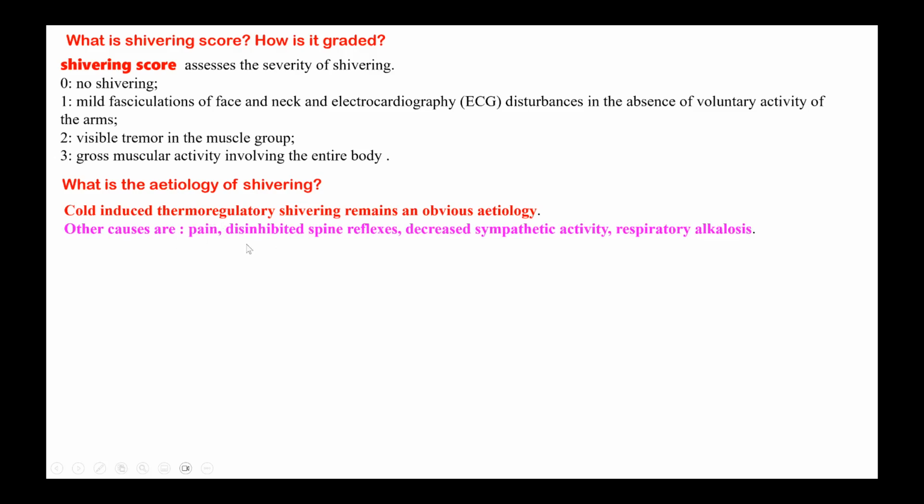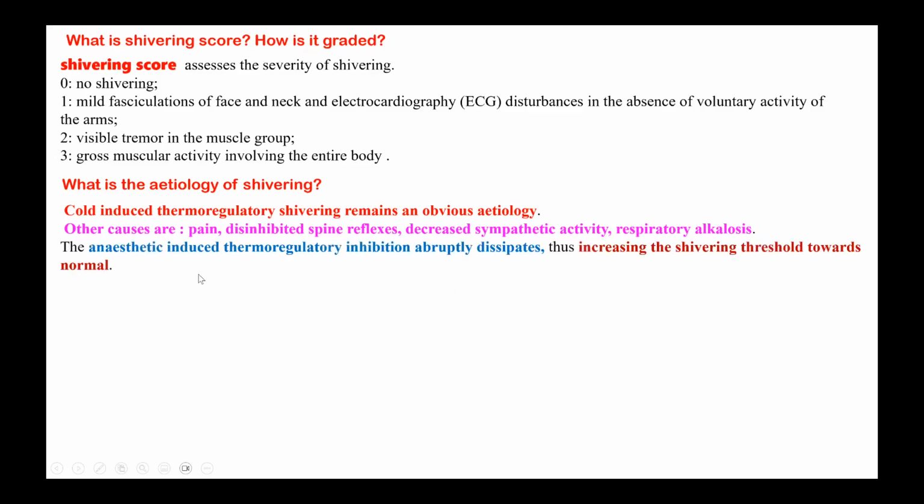It is mainly pain induced, and it is also due to disinhibited spinal reflexes, and also respiratory alkalosis. If the patient is hyperventilating, that may also induce this sort of motor activity. And when the anesthetic-induced thermoregulatory inhibition abruptly dissipates, the shivering threshold increases towards normal.